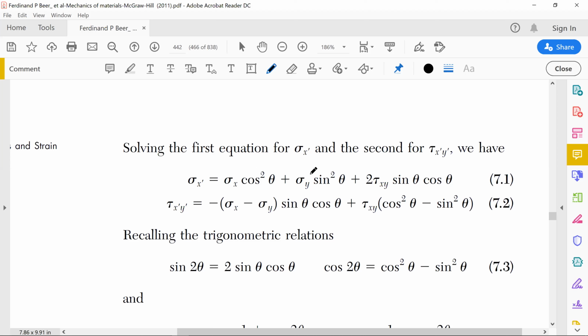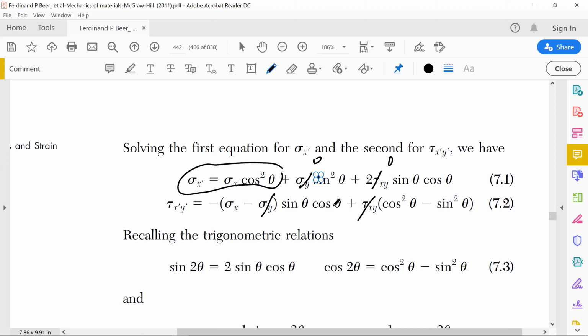So if we make this 0, and this 0, we are left with only this part, which is chapter 1. Again, if we make this 0 and this 0, we are left with only sigma x sine theta cos theta, which we have already seen in chapter 1 and today as well.